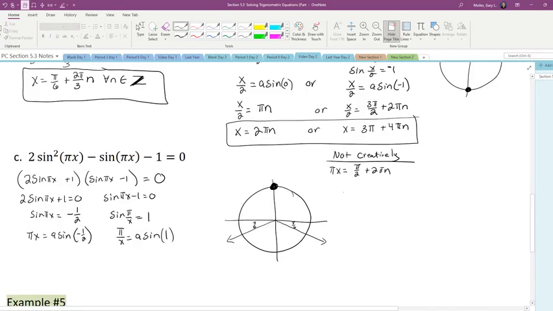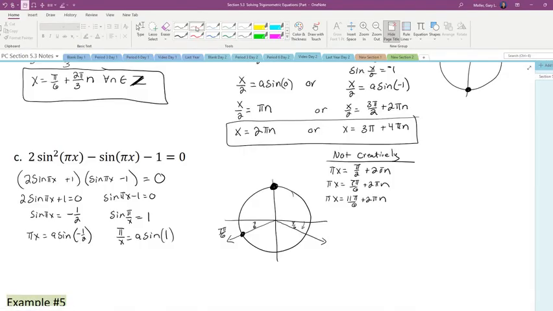I could start at, let's see, this is going to be 7 pi over 6. And this one would be either, you could do it as a negative or you could call it 11 pi over 6. Doesn't really matter, however you want to say it. I'll go ahead and call it 11 pi over 6 plus 2 pi n.